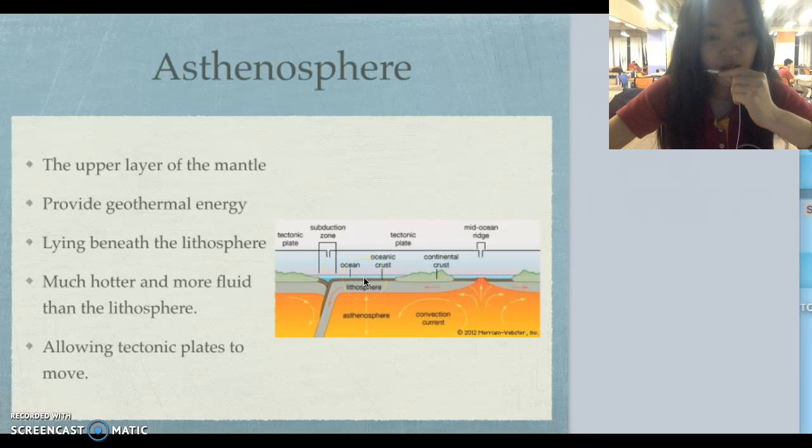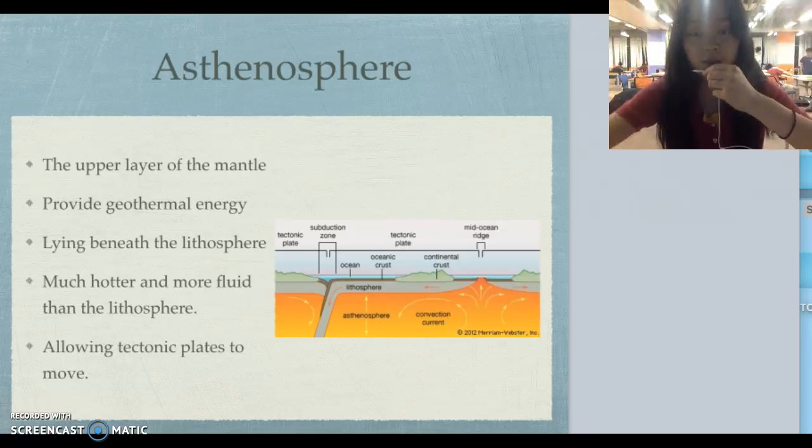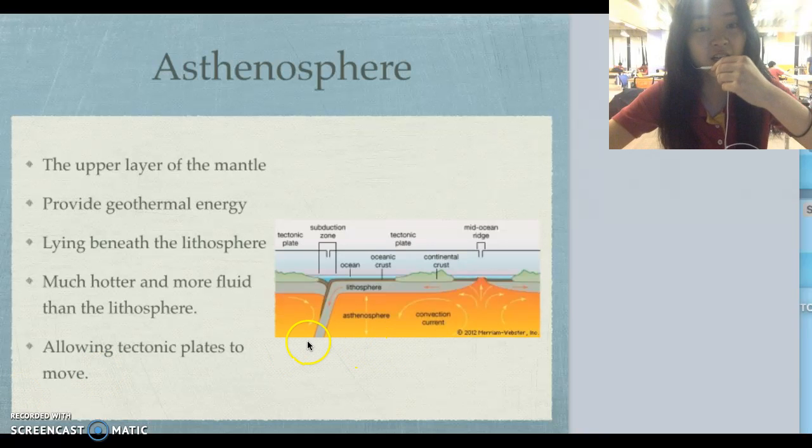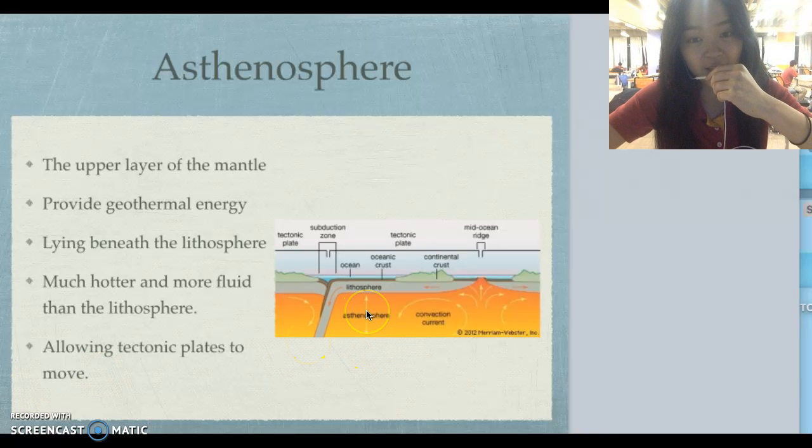It is much hotter and more fluid than the lithosphere because the temperature here is much hotter. This part is very important because the asthenosphere lubricates the tectonic plates, allowing the plates to move.